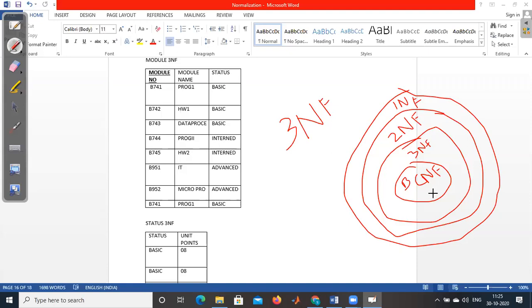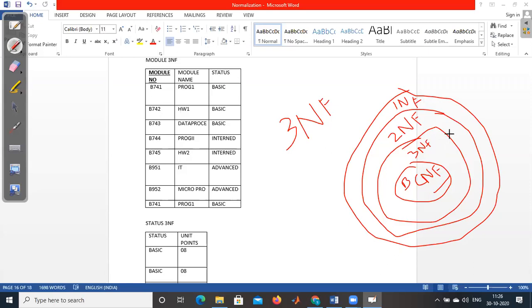So if the relation is in Boyce-Codd normal form, then it is in the third normal form, the second normal form, and the first normal form. No need to check whether it is in the third normal form, second normal form, or not.